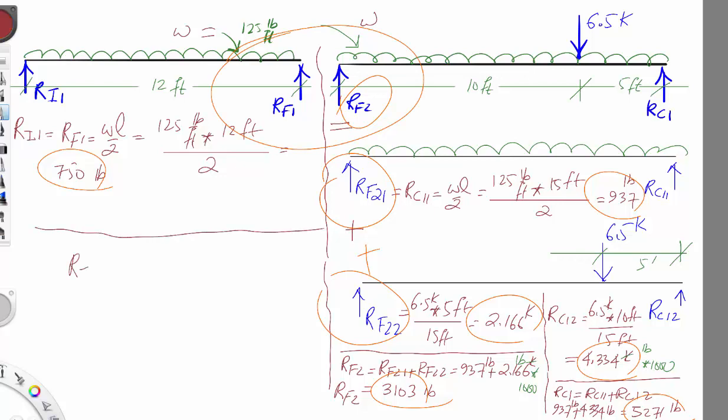So you see RF is equal to RF1 plus RF2, and is equal to 750 pounds plus 3,103 pounds, and we get this equal to 3,853 pounds. These are the new values.